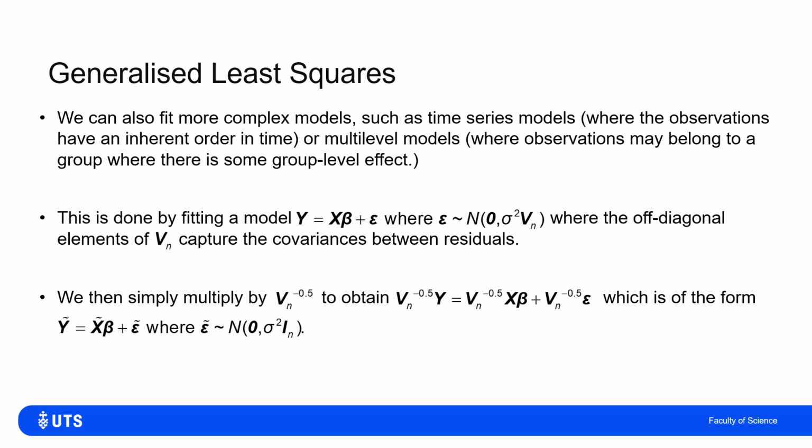And when I do that, I will get to a form where I get a rotated or a changed y is a changed x times beta plus a changed set of residuals, which in fact are uncorrelated. So in other words, I can fit more complex models just by acknowledging what structure I think the variance covariance matrix has and then adjusting accordingly.